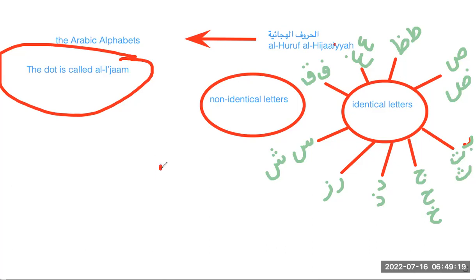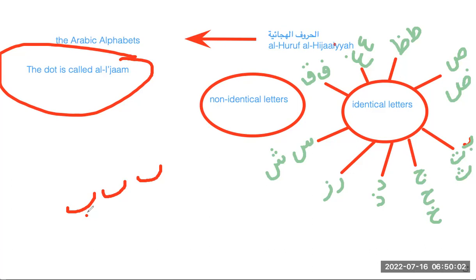When we write the letters Ba, Ta, and Tha as they are written now, they have no name and they are not recognizable until we put the dots on them. The order is not important here. It is the i'jam that determines which one is Ba, which one is Ta, which one is Tha.